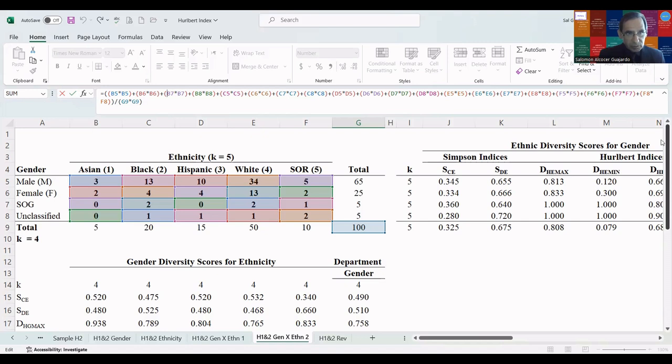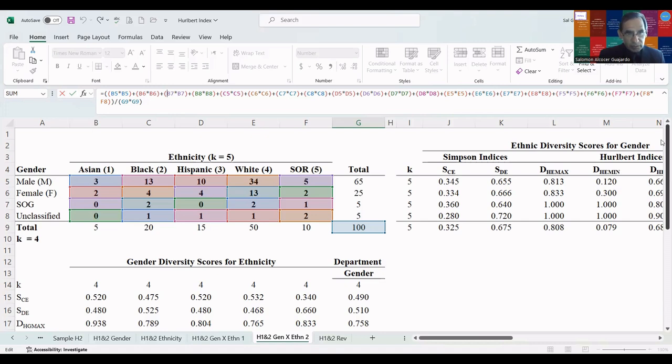Then I added that to the squared frequency for the women Asians. So that's going to be B6 times B6. Then I did that for the frequency of Asian women in some other gender group. That's going to be B7 times B7, which is 0 times 0.